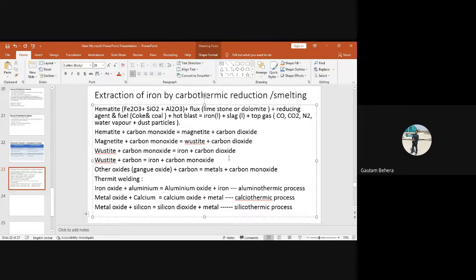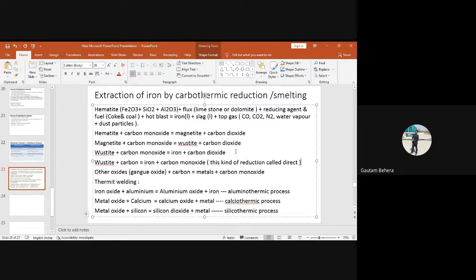So this kind of reduction is called direct reduction, right? And the first three kinds of reduction are called indirect reduction.